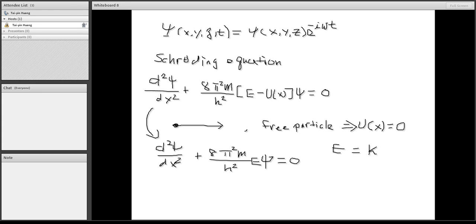We know that kinetic energy is equal to 1/2 times the mass of the particle times the velocity squared. We further know that the linear momentum is equal to mass times velocity.